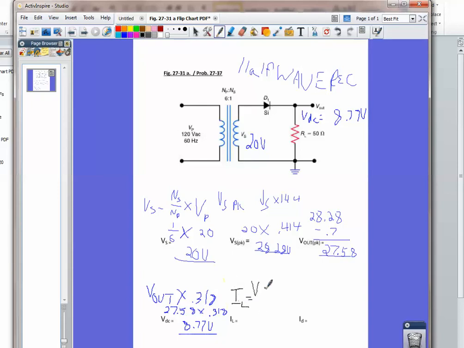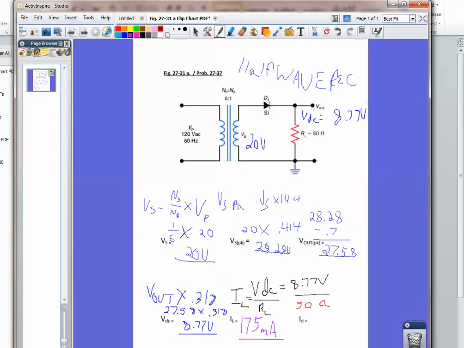IL is equal to our VDC that we just calculated over our RL of our load. So we plug in those numbers. We're going to have 8.77 divided by our load of 50 ohms, and that's going to give me a current of 175 milliamps. Okay, that's my IL.